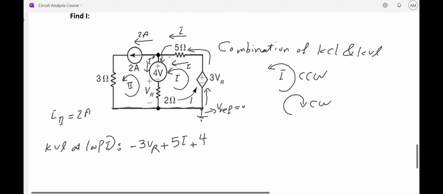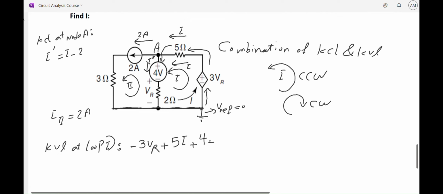So the current I prime, if I consider this node as node A, I have to very quickly apply KCL at node A. I prime would be I minus 2. I have 2 amp flowing out and I amp flowing in. Okay, so for this VR, I know that this is current times resistor.